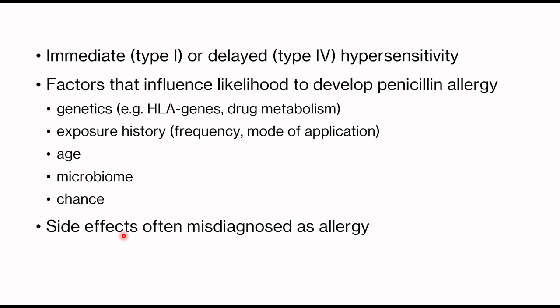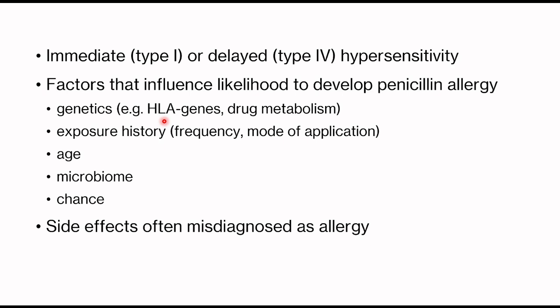And then, of course, an interesting question is, if this mechanism of penicillin allergy exists, or potentially also for other small molecules, other drugs that can covalently bind to proteins, then why doesn't everybody who ever was treated with penicillin develop this allergy? There are certain factors that influence this, and one factor is genetics, because these HLA are not the same between all of us.